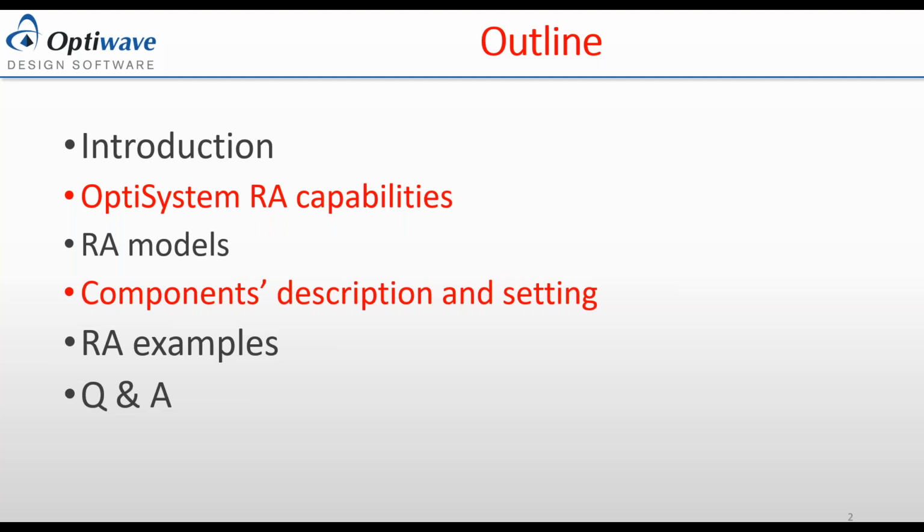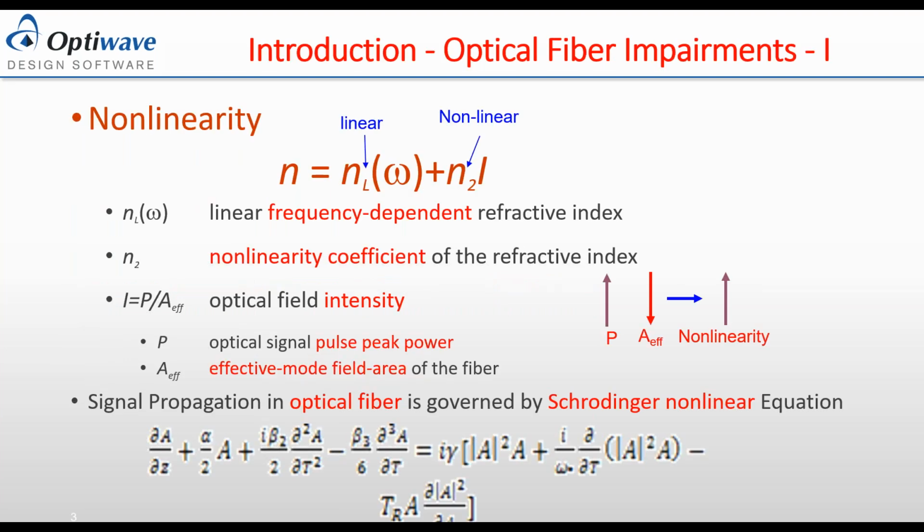We're going to talk about the models used in the OptiSystem software. Then we're going to talk about component description and settings. And then we're going to take a few examples of using Raman amplification. Then we hopefully get some questions and answer them at the end of the presentation.